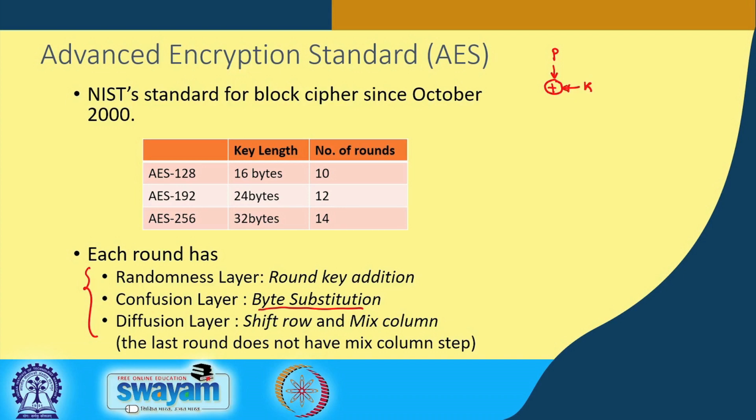The plain text is 128 bits, and the key is also 128 bits. So you first do an XOR between the plain text and the key, and then make it pass through certain transformations, which we call the rounds. So these are the rounds of the cipher.